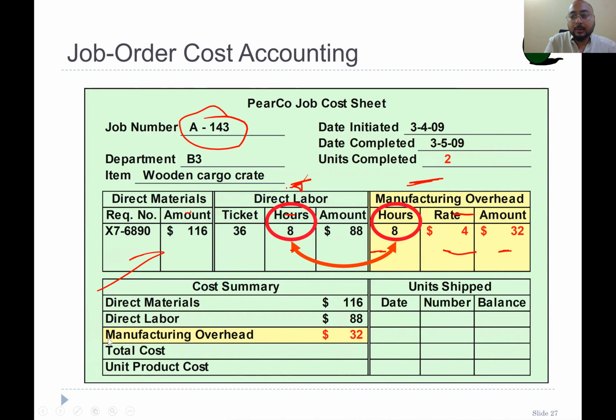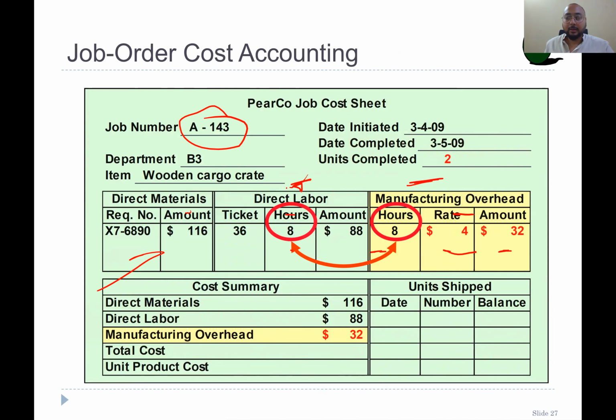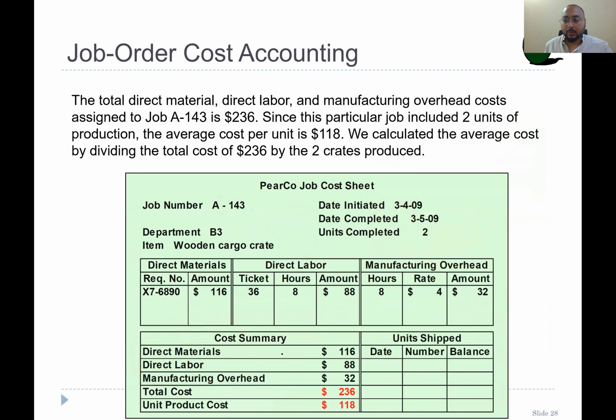So you see the summary here. Direct material is 116, which is coming from here. Direct labor is $88, coming from here. And manufacturing overhead is 32, coming from here. So the total cost is going to be 236. The units completed are 2, so 236 divided by 2, the per unit cost, is 118.